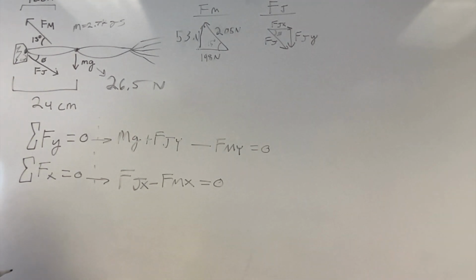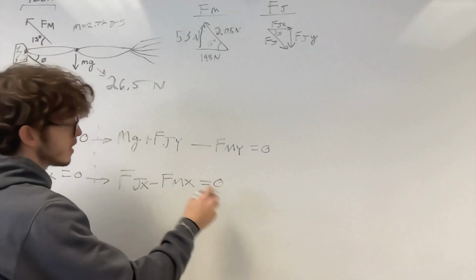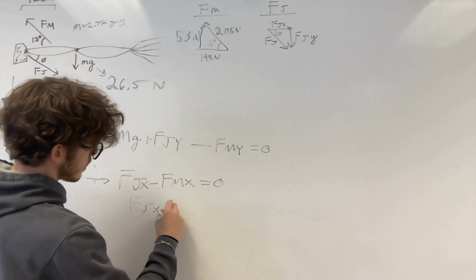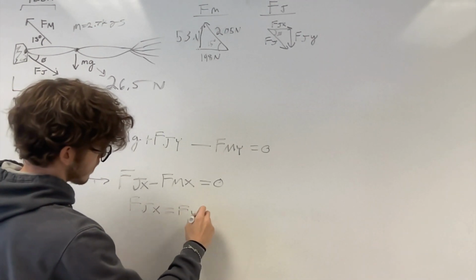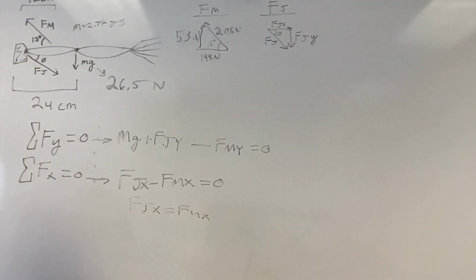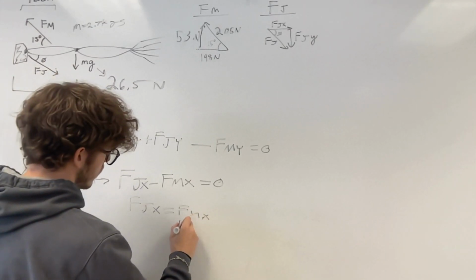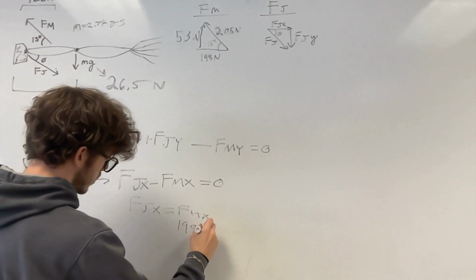So we found Fm of x, and if we bring it to the other side, that makes Fj of x equal to Fm of x. And Fm of x we found to be 198 newtons.